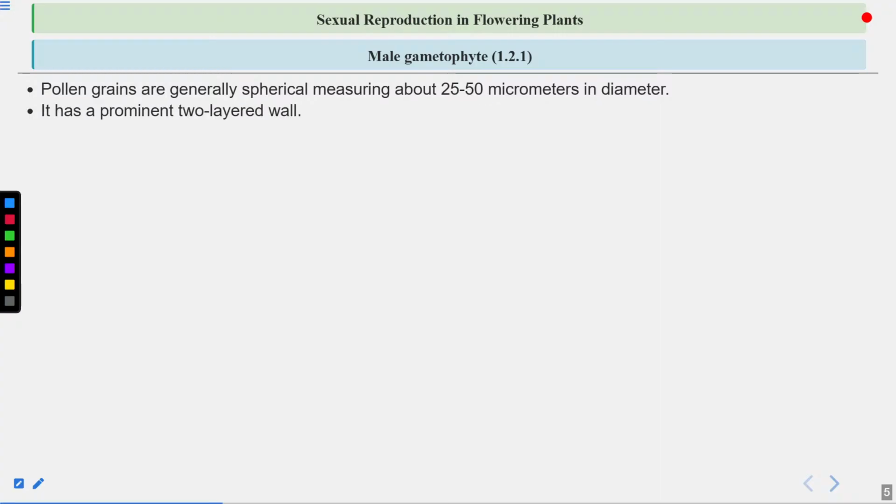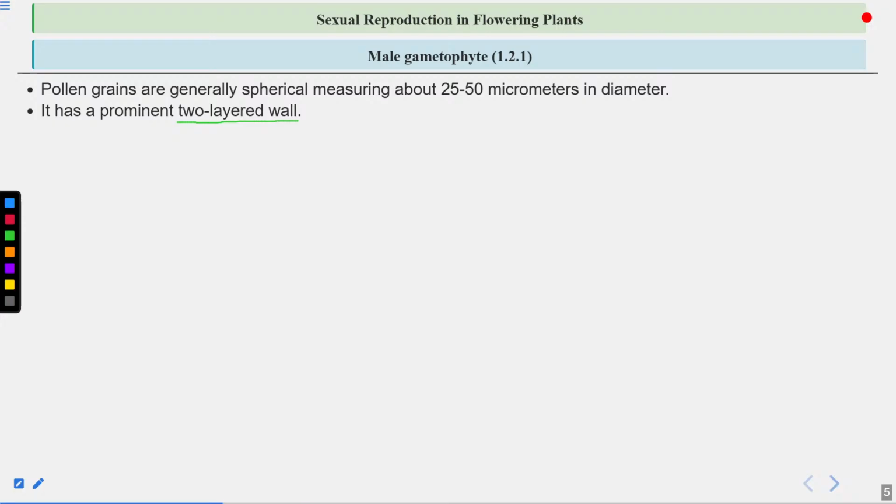So it has a prominent two-layered wall. We have discussed the two-layered wall. Can anyone tell me what are the two layers of the wall of the pollen grain? You can give the answer in the chat box. Intine and exine, very good.